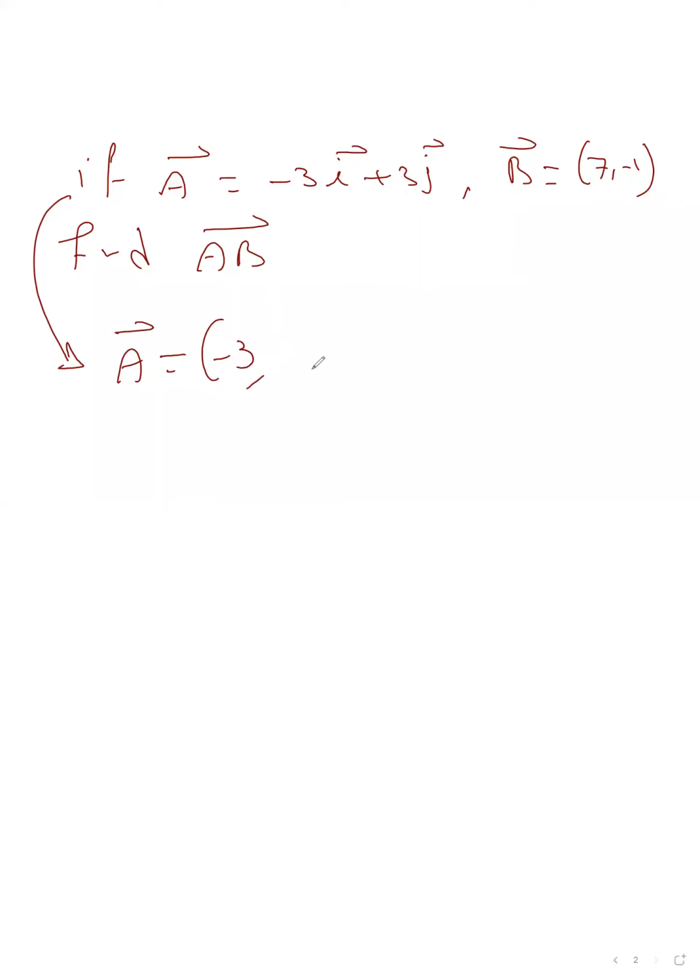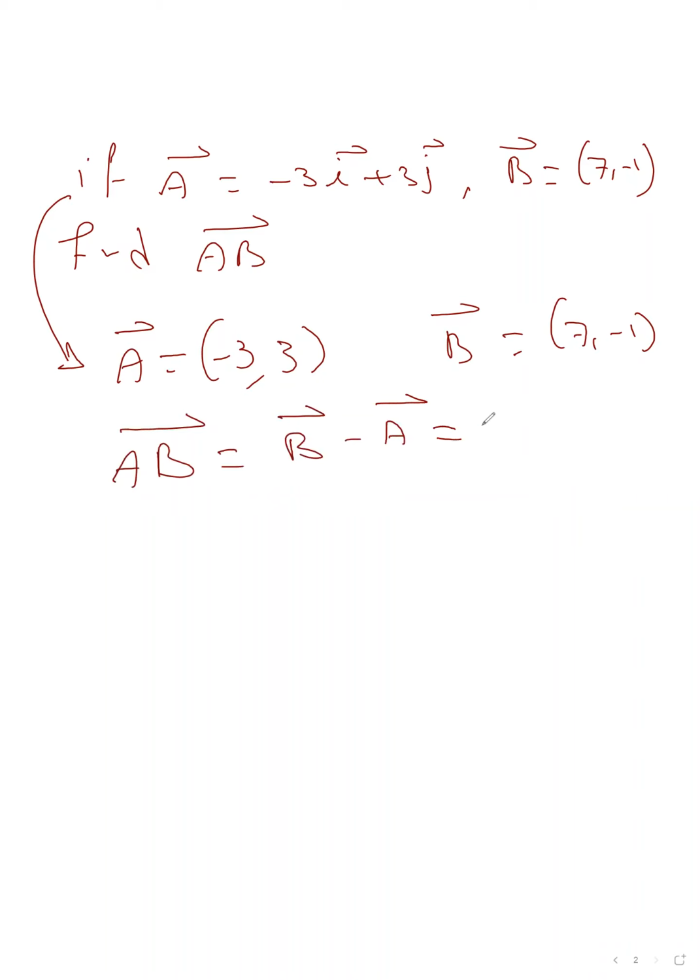Vector B equals (7, -1). AB equals B minus A, which is (10, -4).